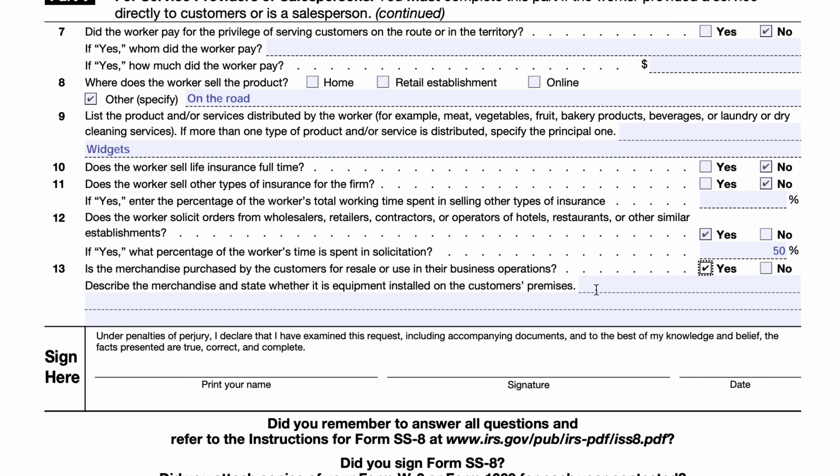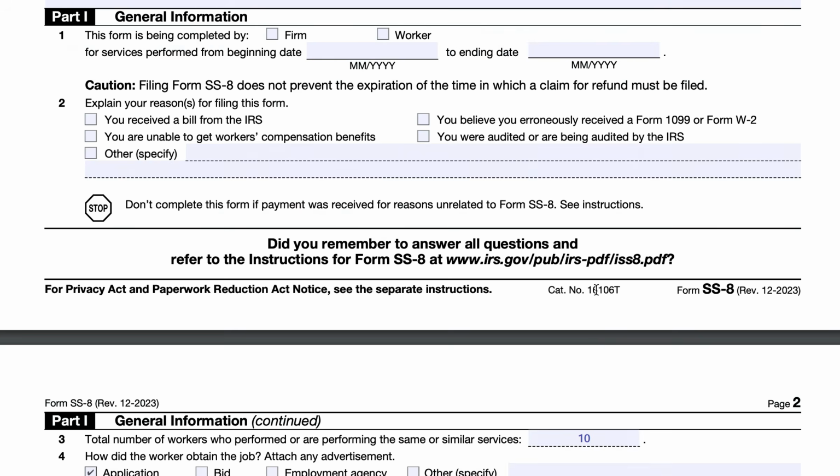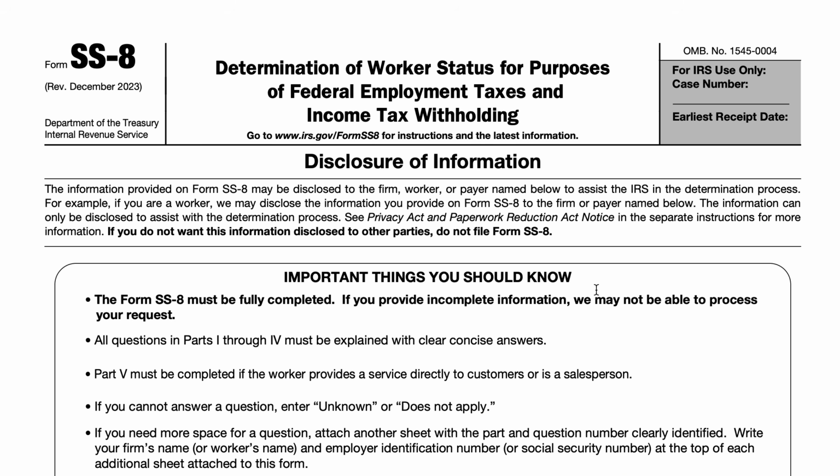You can find more details about the actual signing of the form and where you file it in our article. Go to teachmepersonalfinance.com, type in IRS Form SS-8, and you should see this form up here. That's where you get the filing details and additional supplemental information.